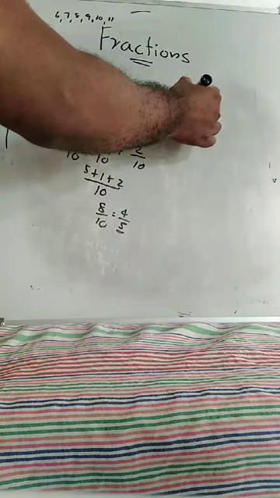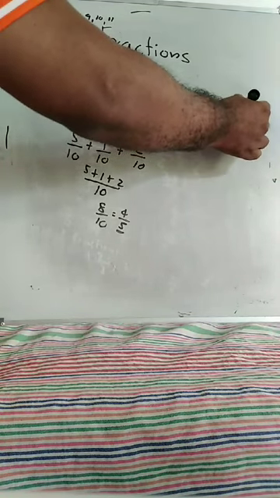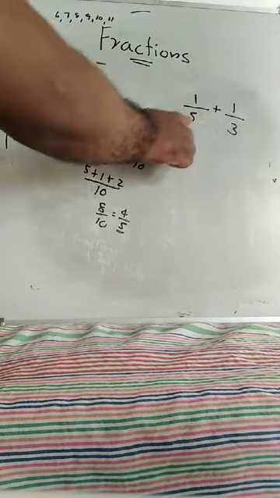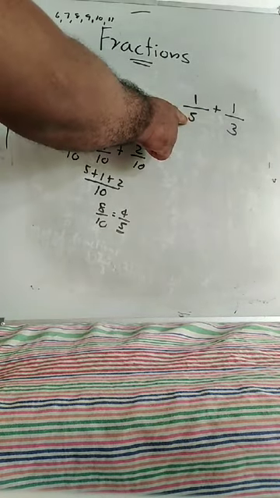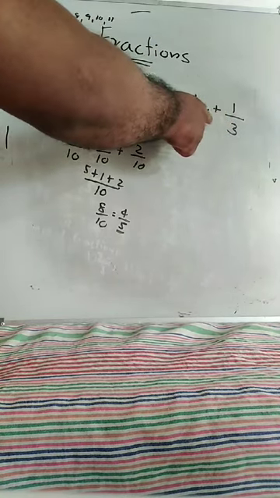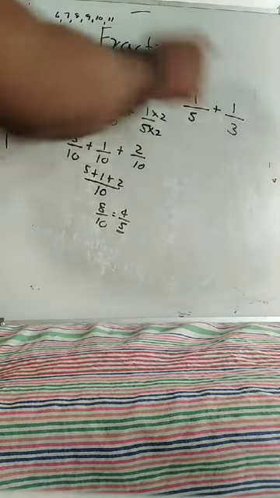Then another one. 1 upon 5 plus 1 upon 3. Here, look at this fraction. Is there any relation between 3 and 5? How can you make 3 using 5? How can you make 5 using 3? There is no relation.